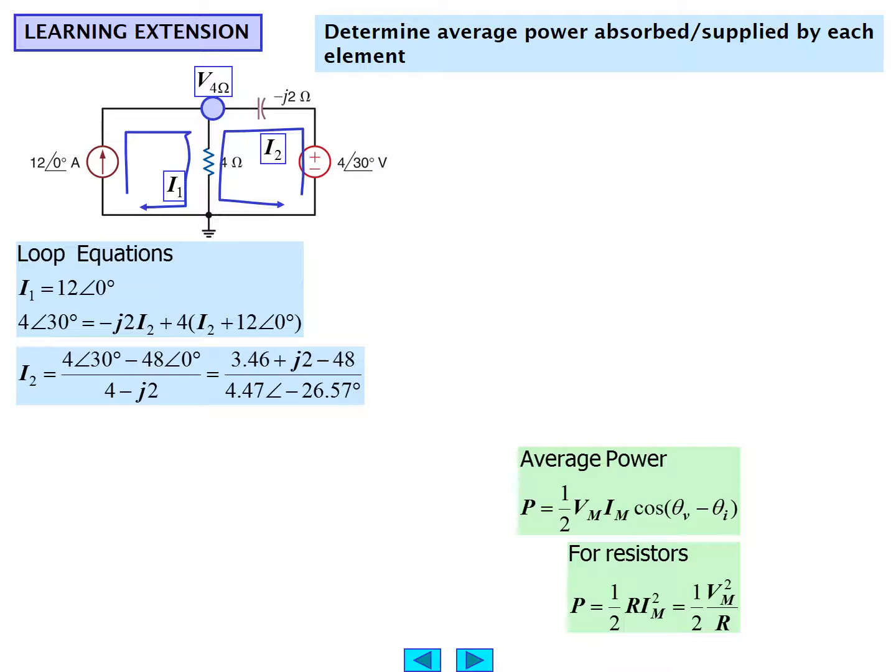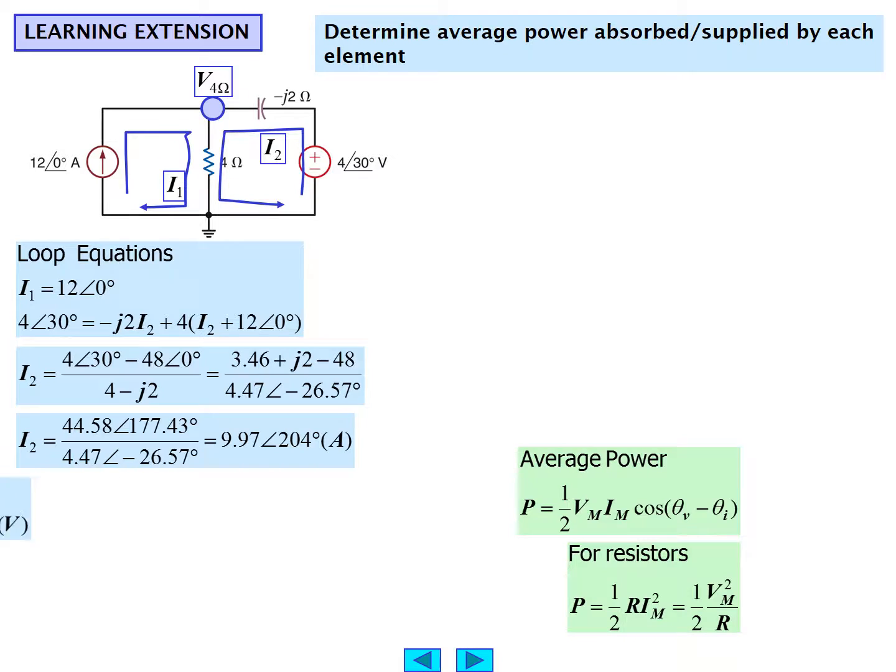Solving for I2, because we do know what I1 is, considers the calculation in polar and rectangular form. As we've seen, we have to reduce it so that we can divide it in polar form representation. Doing that particular analysis with the arithmetic, again, you should check the analysis, gives us 9.97 angle 204 degrees amperes for I2.